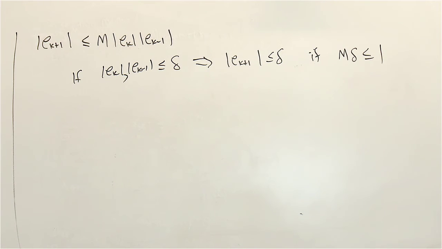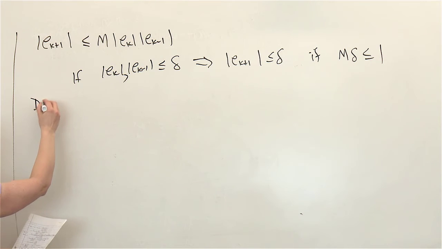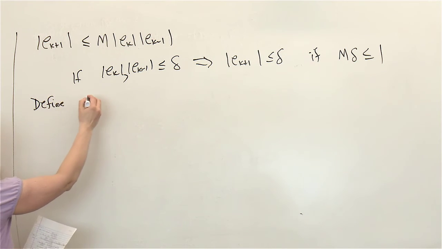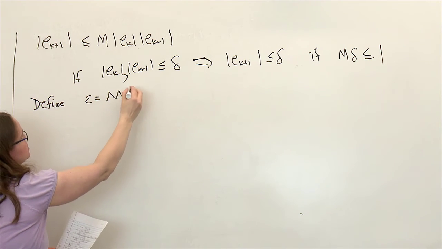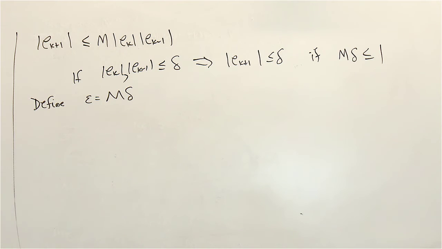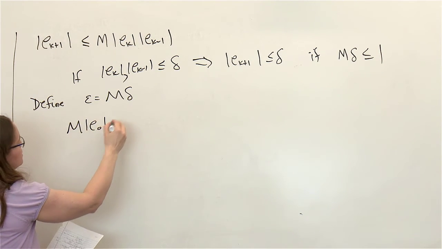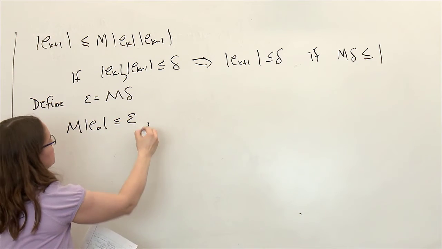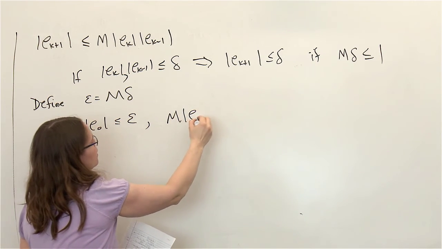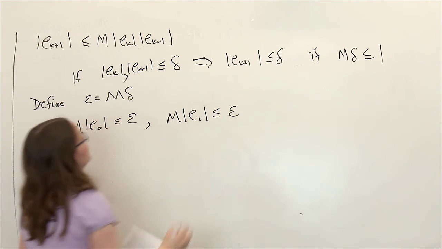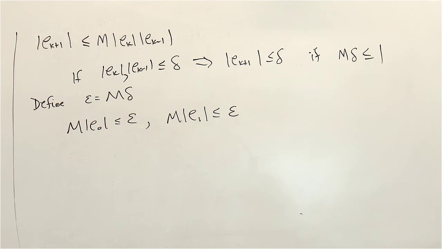Now let's try to pull out an order of convergence. So let's define epsilon to be equal to this m delta. Okay, so we have m e0 is less than or equal to m delta. We have m e1 is less than or equal to m delta. They both started in the interval.